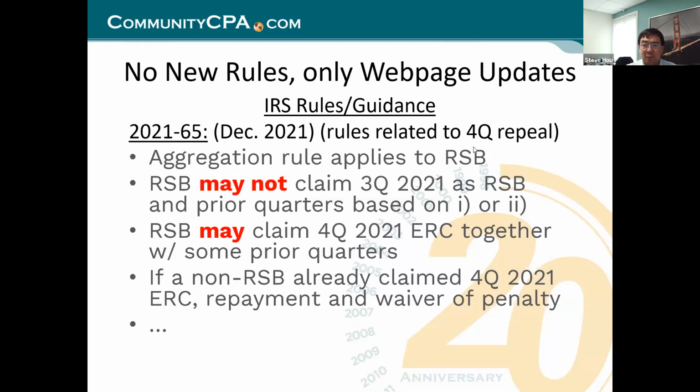So in that example, the new business that you started in 2021 likely is not a recovery startup business. When you aggregate your two businesses together, both the time when you start the business and the annualized $1 million sales become an issue for you, okay?